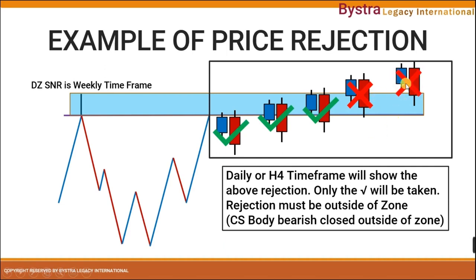Remember guys, a rejection not at the top after the breakout that shows a bearish engulfing is not valid. Why? Because bearish engulfing is for a sell setup. So in this one, the bearish candle is still inside the zone. In this one, the bearish candle has closed outside of the zone, and the rest of it.